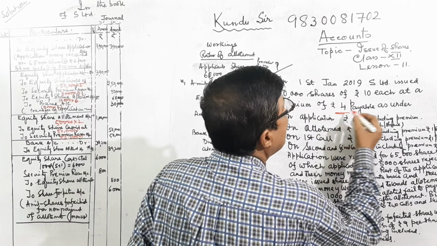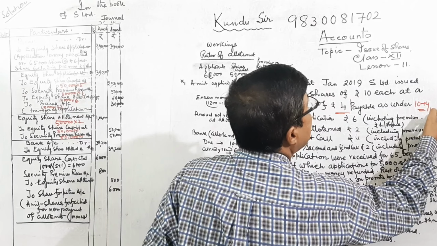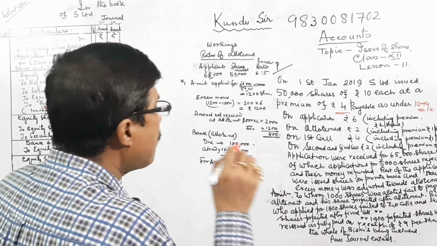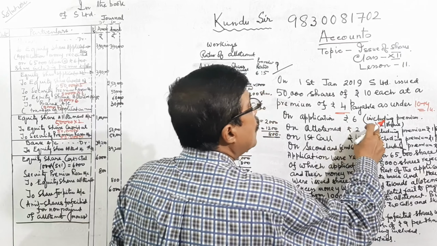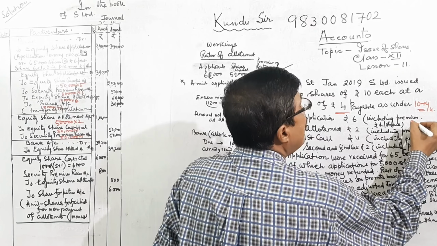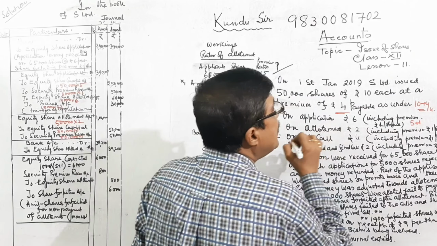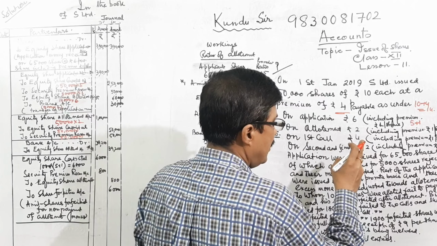That means total 10 plus 4 equal to 14. On application 6 rupees including premium rupees 1, that is on capital application 5 and security premium reserve 1.